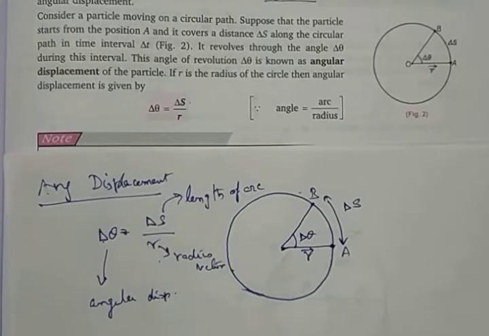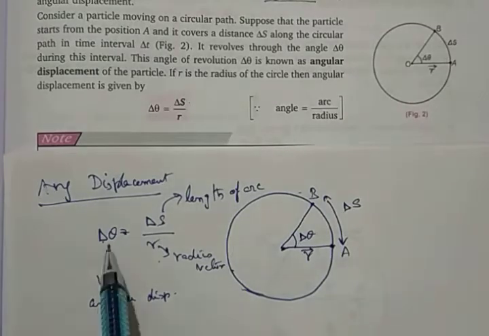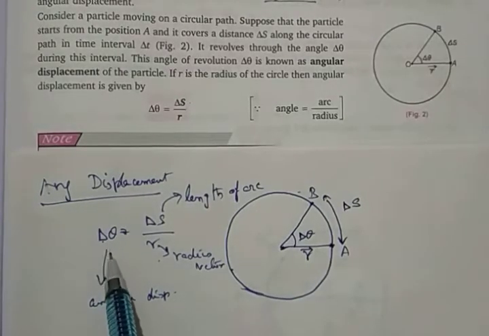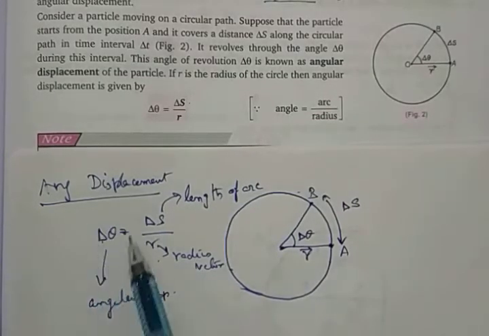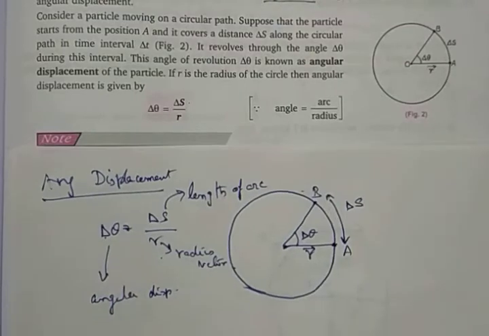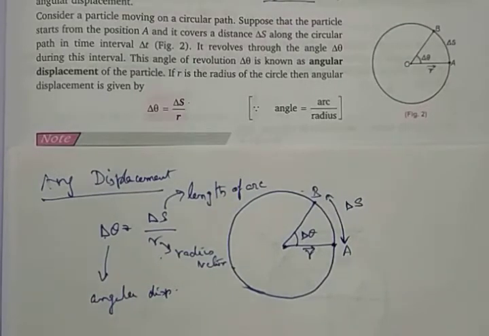Now the question comes, is this angular displacement a vector quantity or a scalar quantity? It looks like an angle. Whenever there's an angle, is it a vector or a scalar quantity? Now all of us will say, no, it is a scalar quantity. Angle is always a scalar quantity. Remember, there are many things that will go reverse in this particular chapter. Don't think the velocity is same.